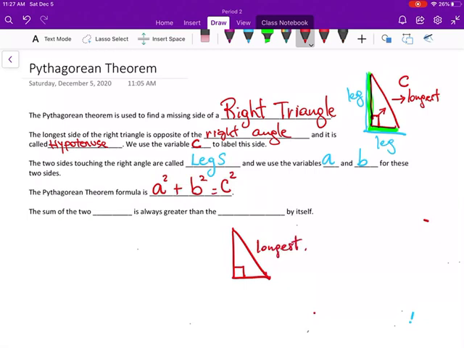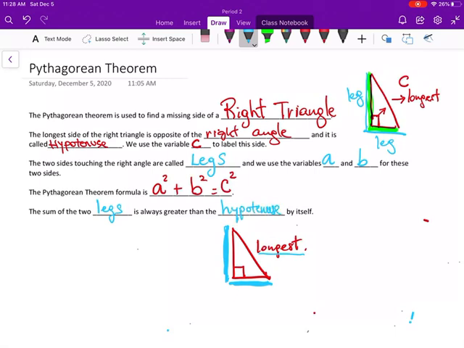But I also need you to understand that when you add these two legs together, they're going to be longer than the hypotenuse itself. So the sum of the two legs is always greater than the hypotenuse by itself.